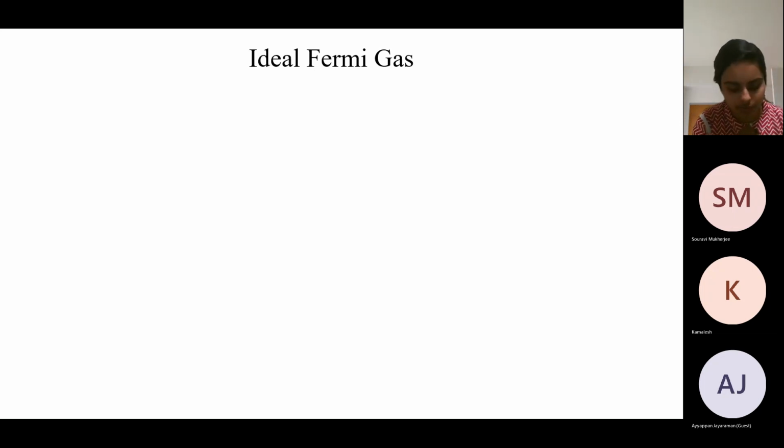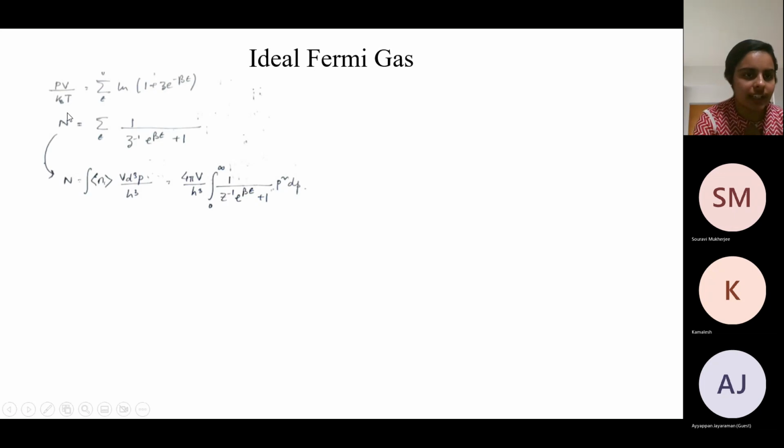Now we will deal with the ideal Fermi gas, so we are dealing with fermions where A is +1. So if you write the expression for PV by KBT, you would get something like this. And the expression for N would be given by this, where 1 by (Z^-1 e^(beta E) + 1) is the mean occupation number for fermions.